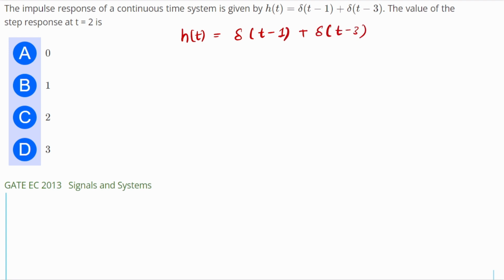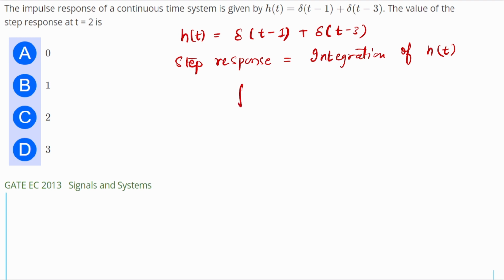Now, in order to get the step response, what is step response? Step response is nothing but the integration of the impulse response h(t). So if we integrate the above signal, we will get the step response.